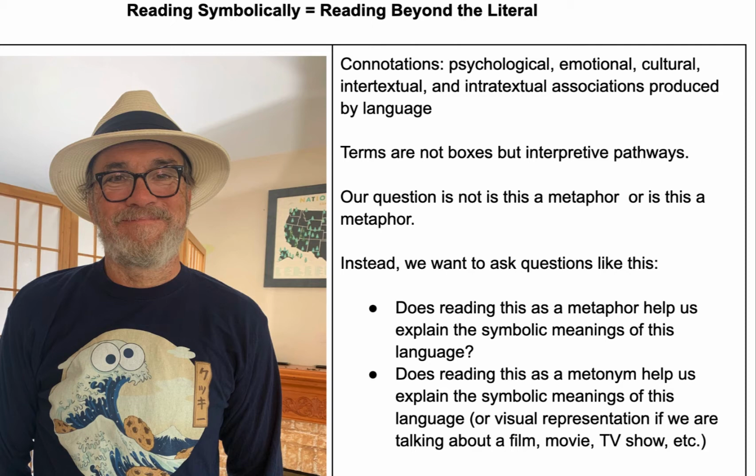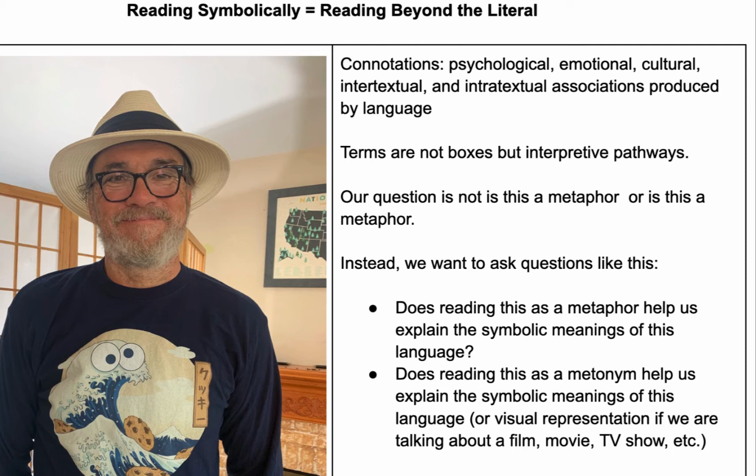Simply stated, what we mean by reading symbolically is reading beyond the literal meaning of words, reading beyond things like character and plot and literal description, and trying to get what literary scholars call connotations: psychological, emotional, cultural, intertextual, which means between texts, and intratextual, which means inside the text, associations produced by language.